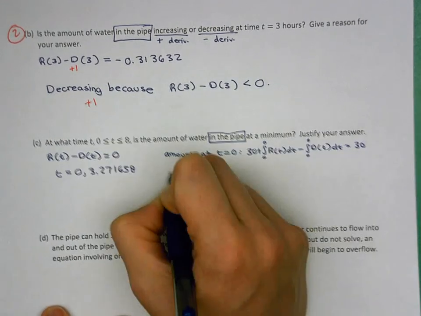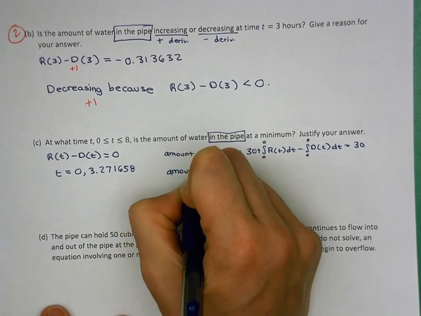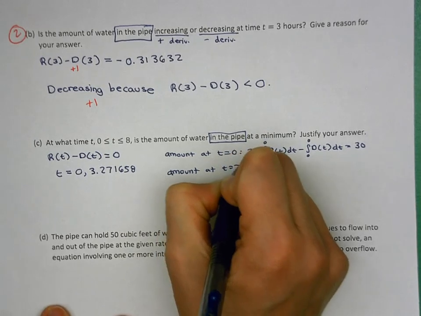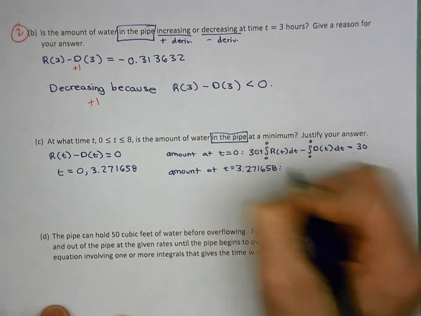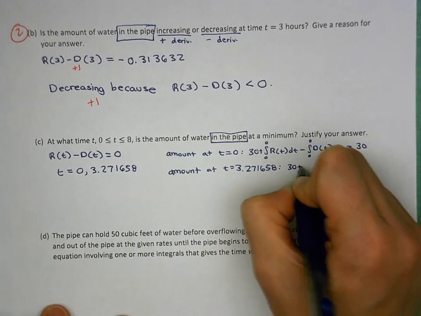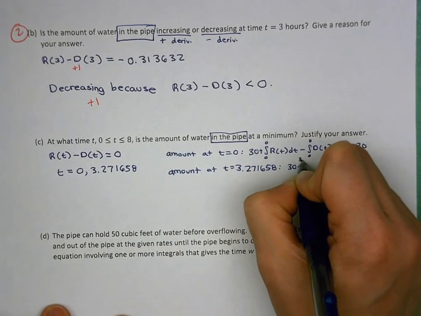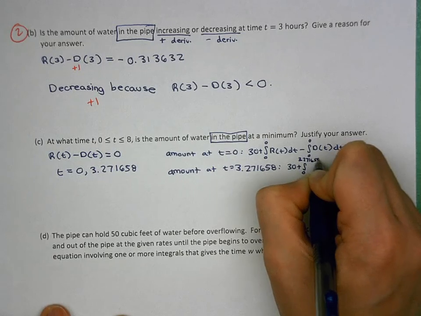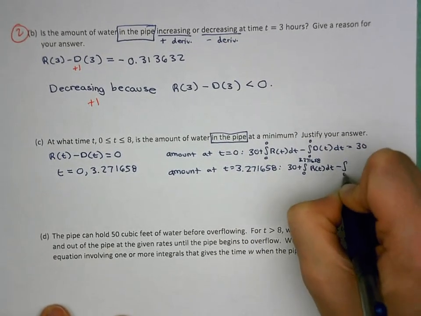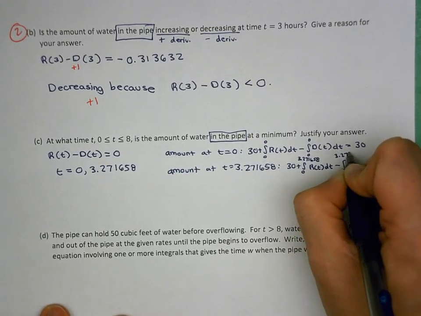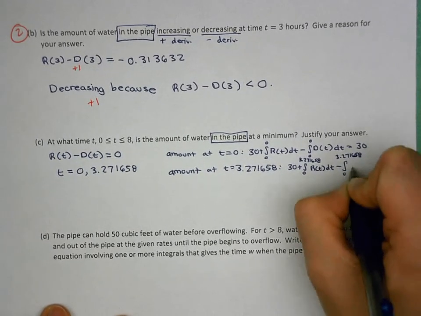The amount at t equals 3.271658 is 30 plus the integral from 0 to 3.271658 of r of t dt minus the integral from 0 to 3.271658 of d of t dt.